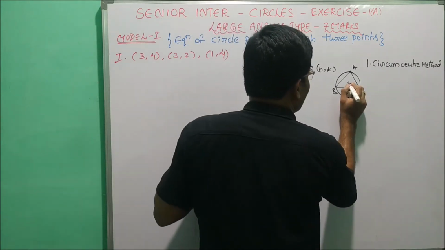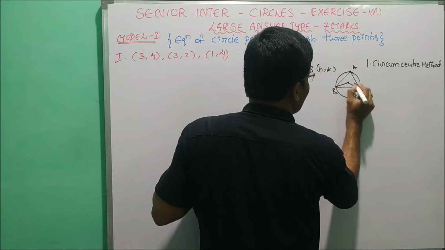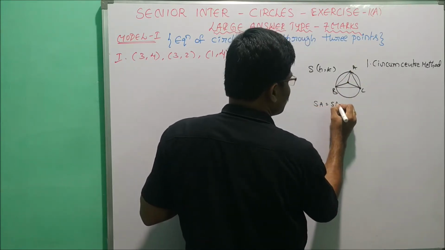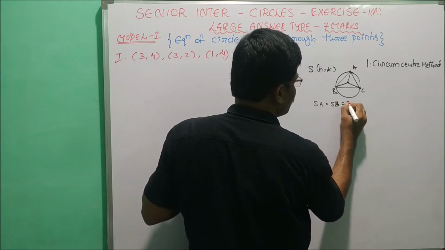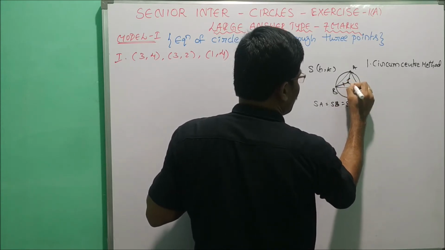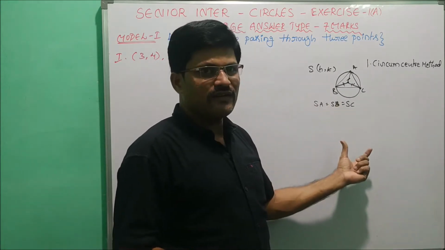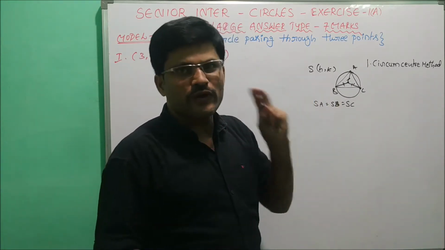This circumcenter is equidistant from all vertices. So here we take SA equals SB equals SC. Now using the distance formula, we take two conditions and get two equations.